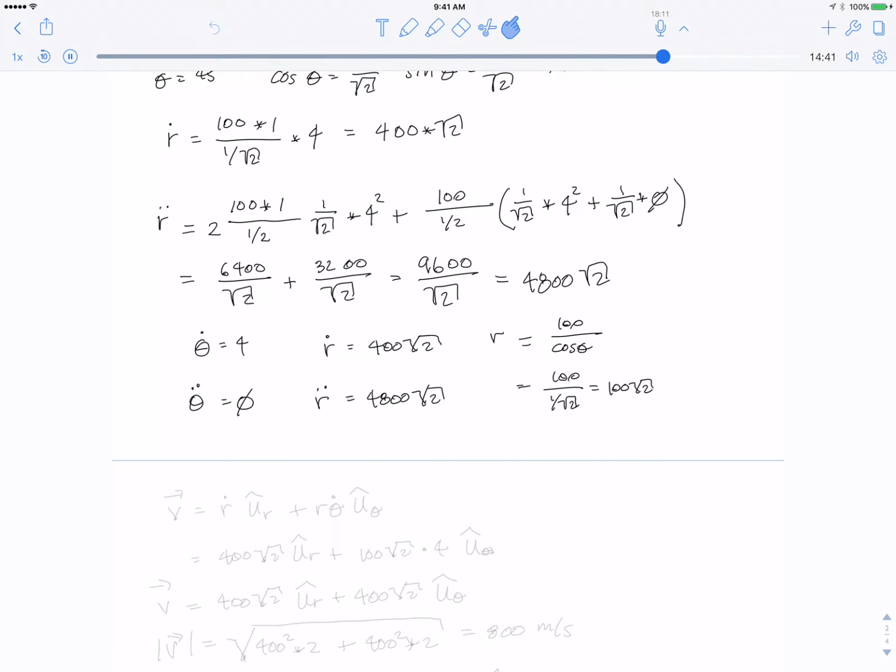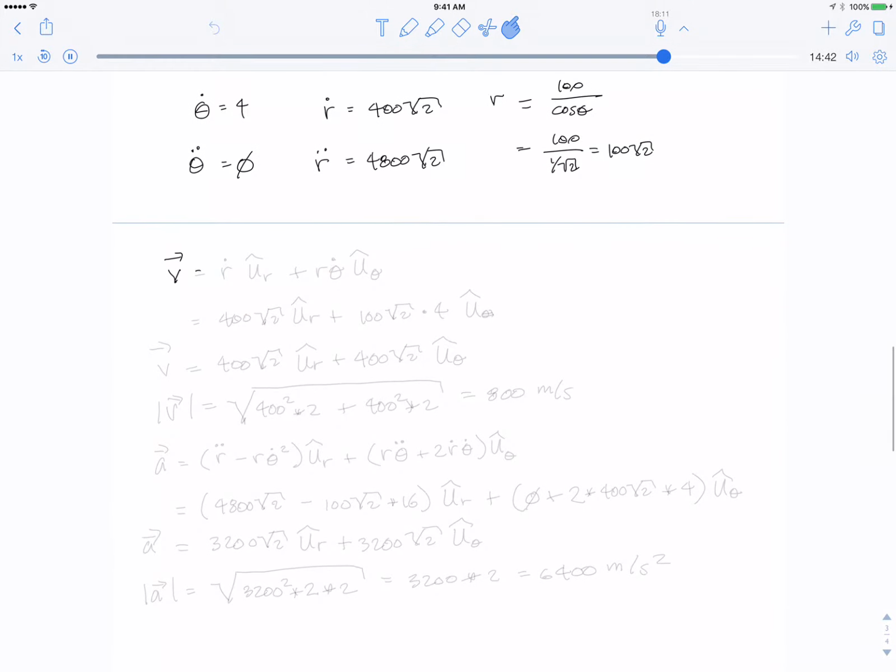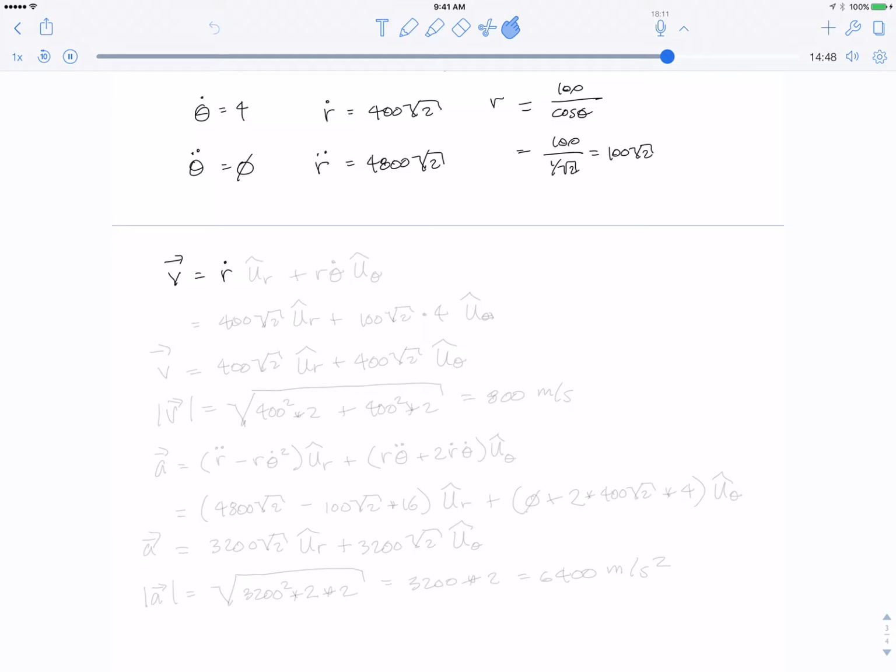Okay, so we're ready to plug everything in and solve the problem. So the velocity again is r dot in the r direction plus r theta dot in the transverse direction.